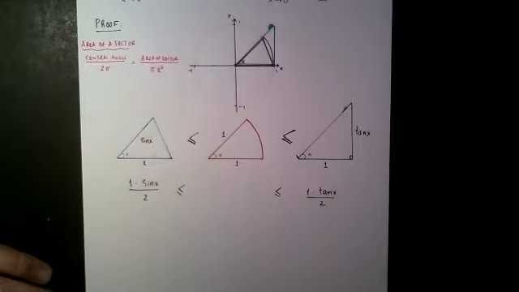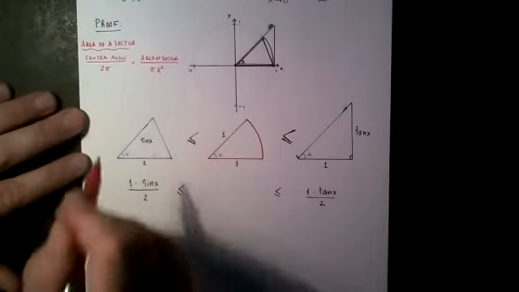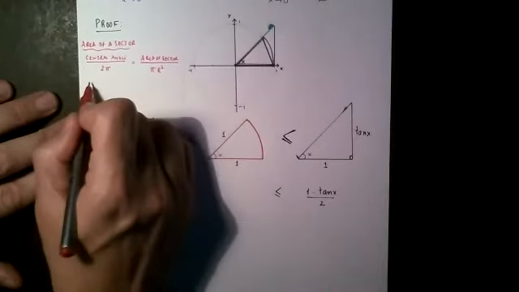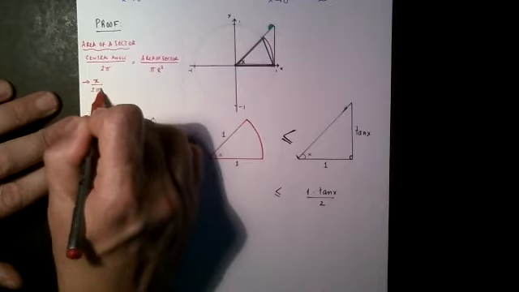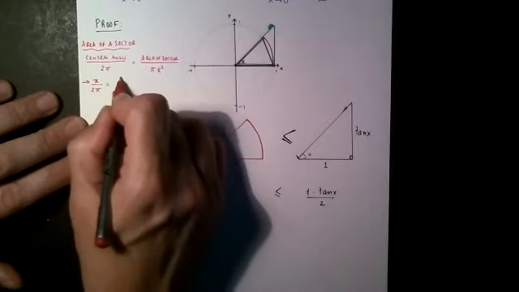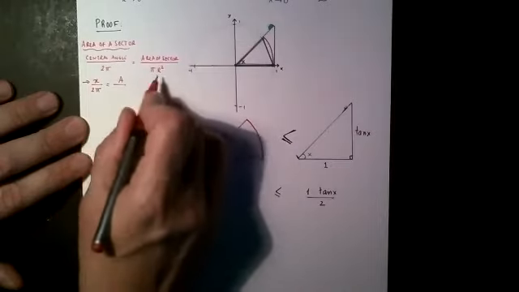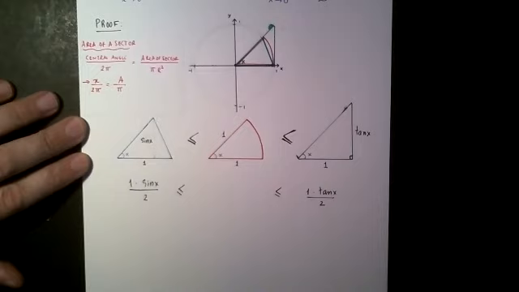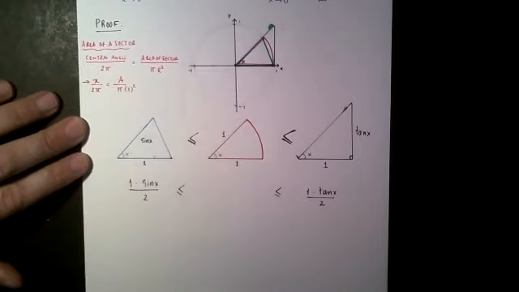Okay, so applying what we know from this, what do I have? The central angle is x over 2 pi, which is equal to the area of the sector, which is what I'm looking for, A, over pi r squared. But r is 1, so this is just pi, because the radius is 1, 1 squared.